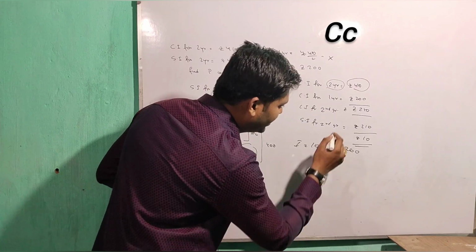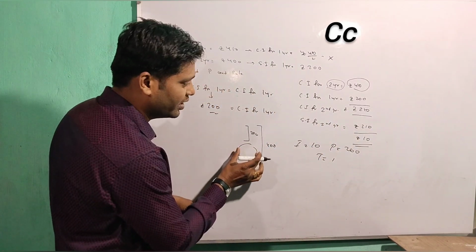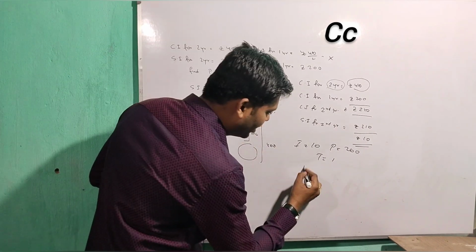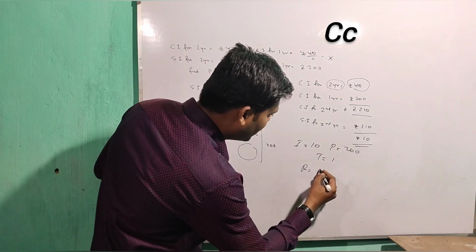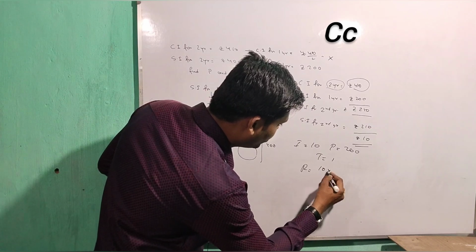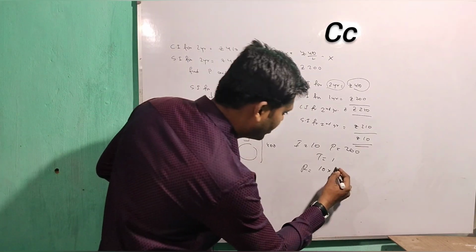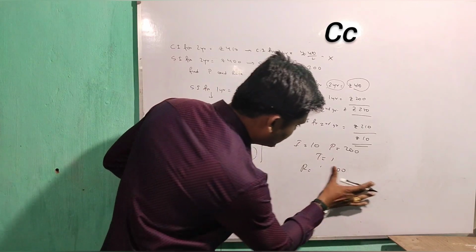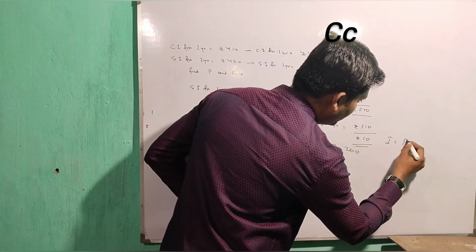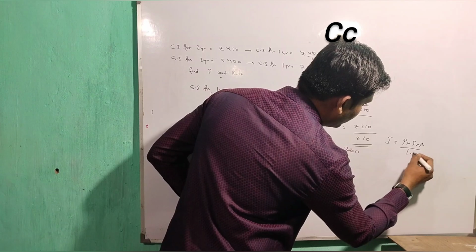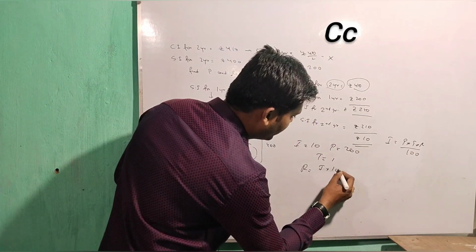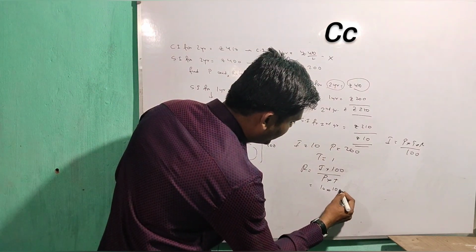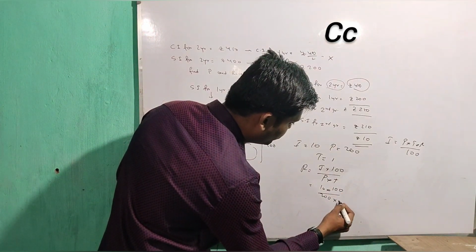The time is 1 year, for the second year particularly. Second year means 1 year only, not 2 years. So your rate will be, if you calculate, interest into 100 by principal into time. The formula is I equals P into T into R by 100, so R equals I into 100 by P into T. So I is 10 rupees into 100 by principal 200 into T which is 1 year.